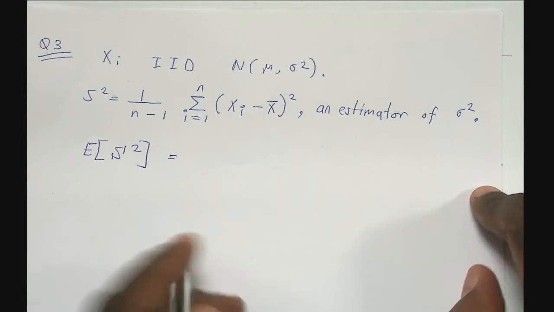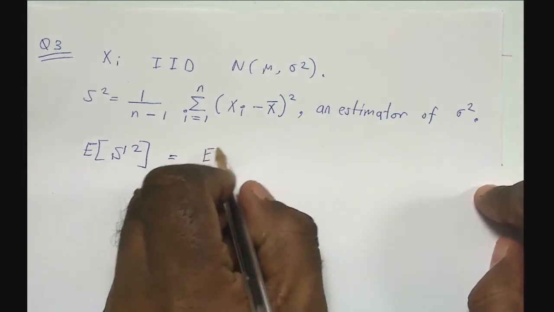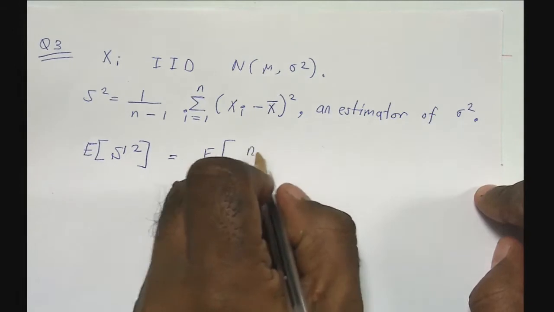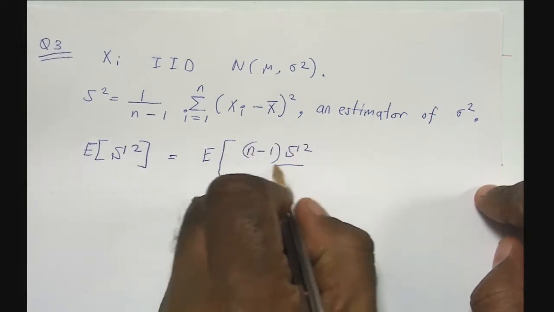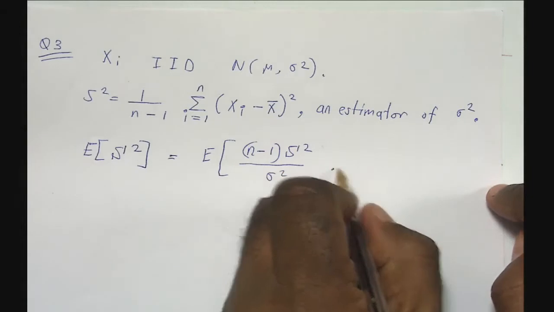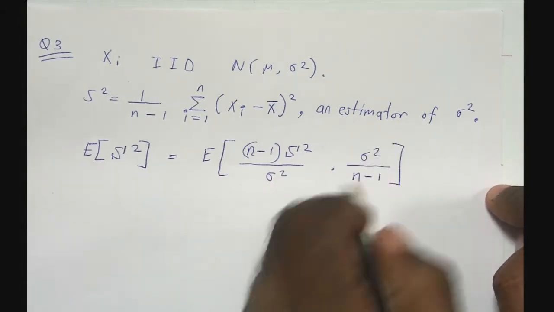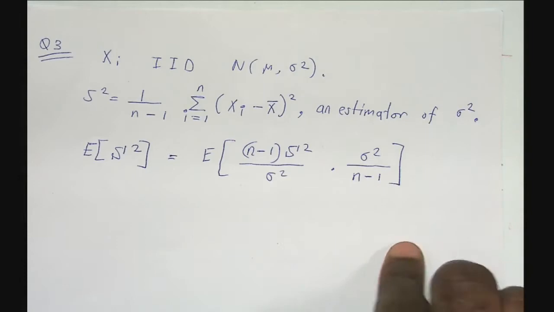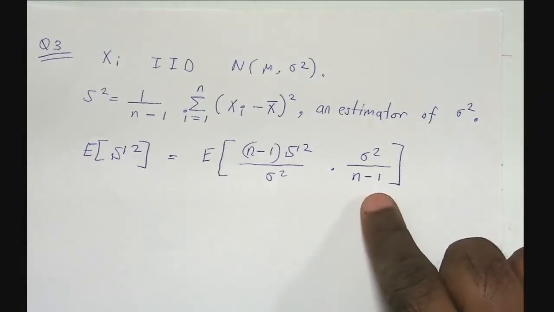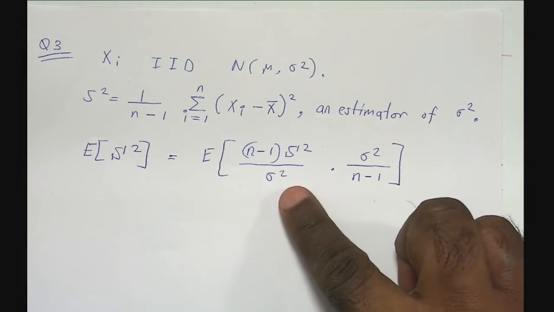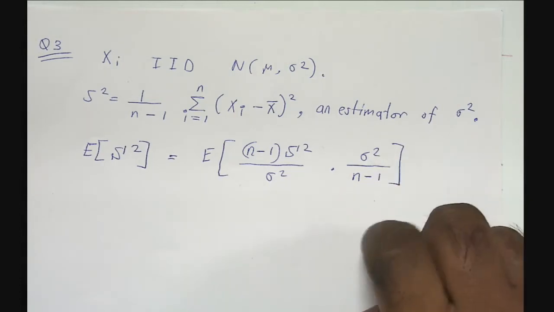So what I will do is, to make this look like the hint, you see what I've done here. I have multiplied by n minus 1 and divided by n minus 1. I have divided by sigma squared and multiplied by sigma squared. So I haven't changed anything really.